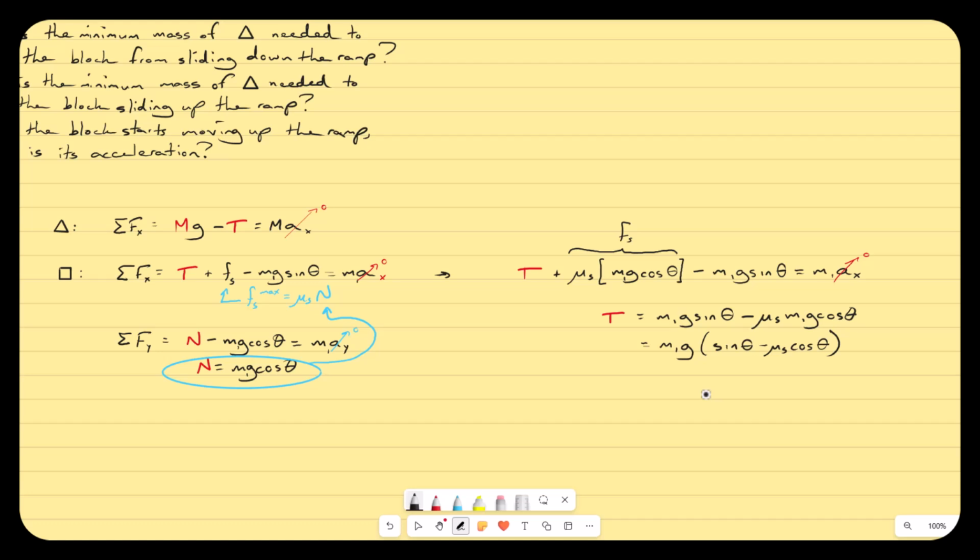And because I'm looking ahead a little bit, there is my tension. I'm looking for that M, so I'm going to take this whole thing and plug it in for tension.